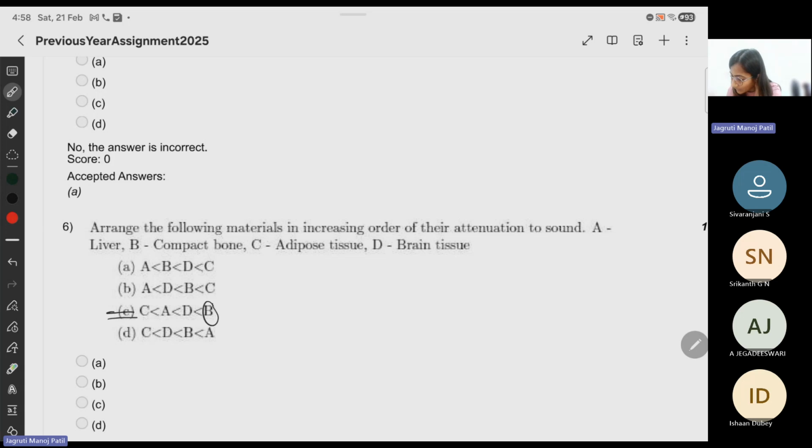Liver can also be in between, but the placement of brain tissue and adipose tissue is very ambiguous, because brain is more of a diffuse and heterogeneous organ, while liver is more of a vascular organ. If the order was D, C, A, B, it would have been more accurate.